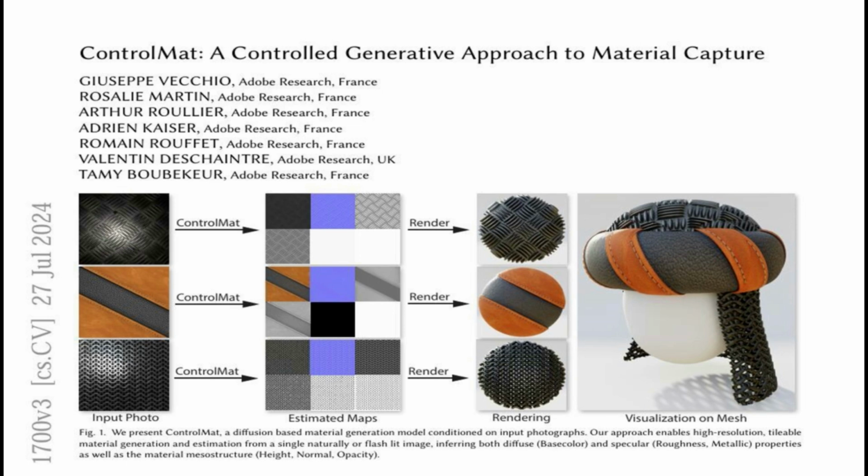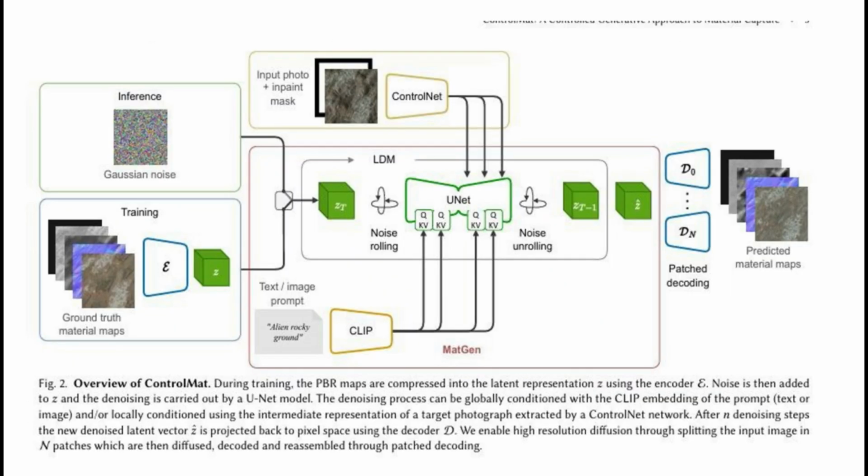This paper, ControlMat, transforms this by using an AI-powered diffusion model to reconstruct high-resolution tileable textures from just a single photograph. Unlike traditional material scanning methods which rely on controlled lighting conditions, ControlMat intelligently analyzes and generates physically accurate digital materials, even when the input image has unpredictable illumination.